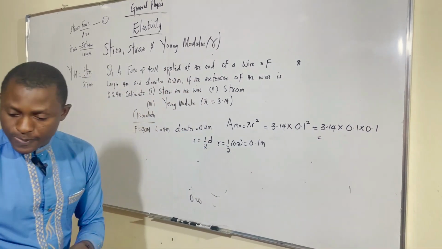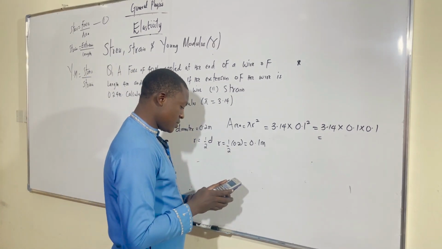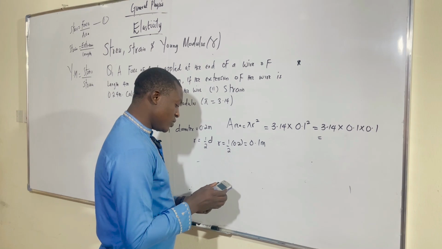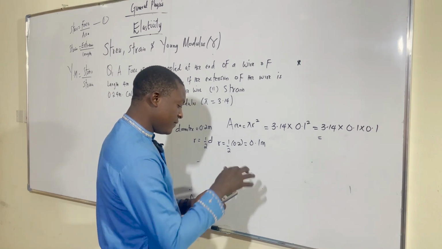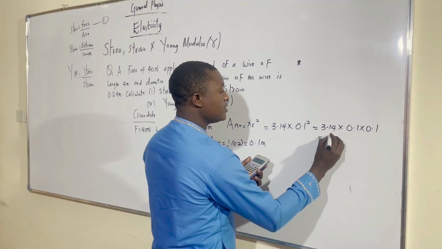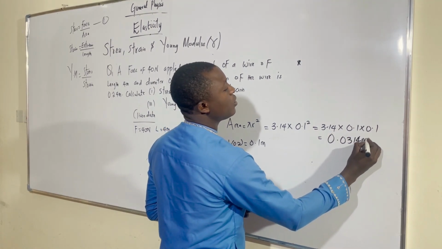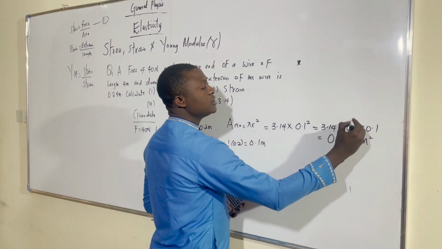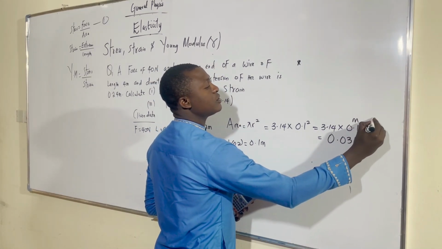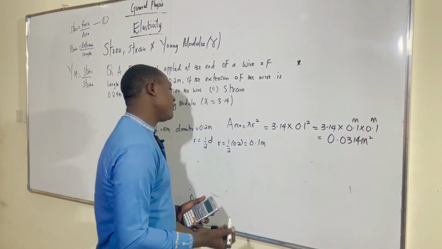If you press the calculator for that, we are going to have 0.0314 meter square. The radius is meter, and the other one is also meter, so meter times meter, that's how we have meter square for the area.